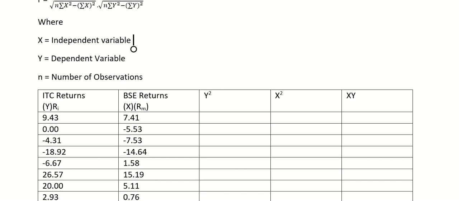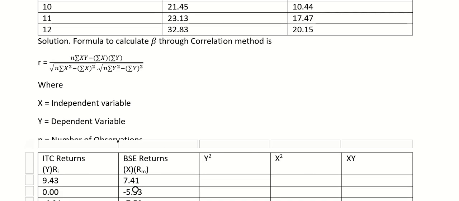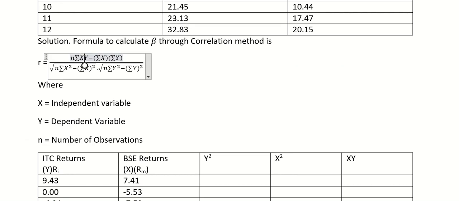So moving forward, as you can see in the formula, you have to calculate summation of xy, summation of x, summation of y, and similarly summation of y square and summation of x square. So whatever values are given to you in this question, you have to first calculate all these values.